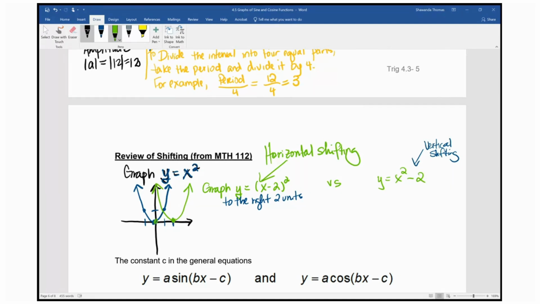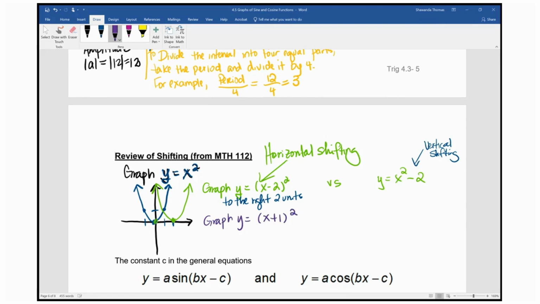What if I change it up to graph y equals x plus 1 squared.